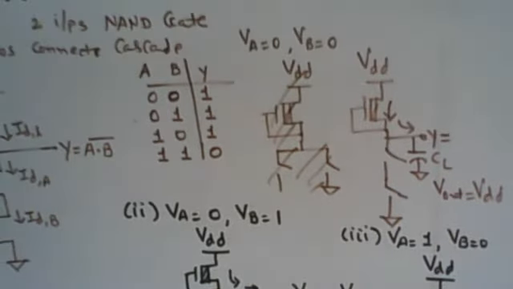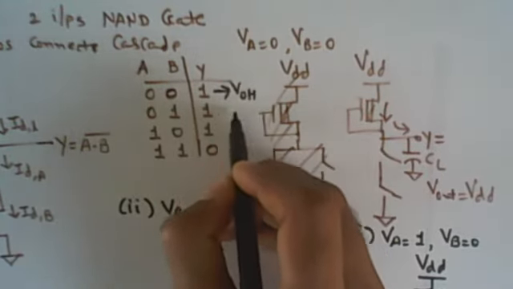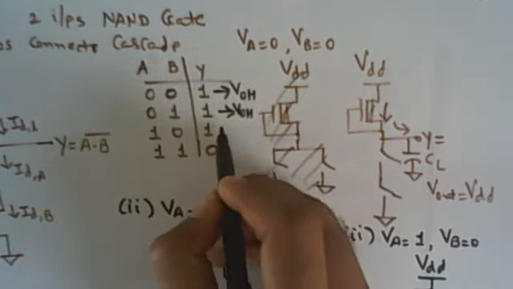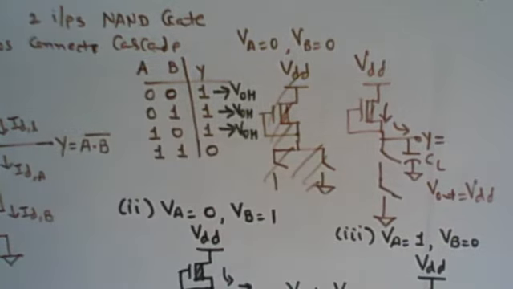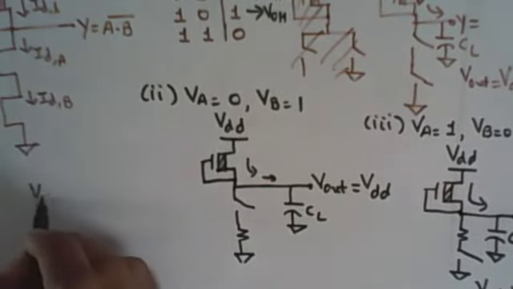So in all the first three conditions, the output is VOH. All three structures look similar to an inverter structure with the driver MOSFET in cutoff, where we already derived VOH equal to VDD. So in a NAND gate, when one of the inputs is 0, we get a high output, and the high output voltage VOH is equal to VDD.